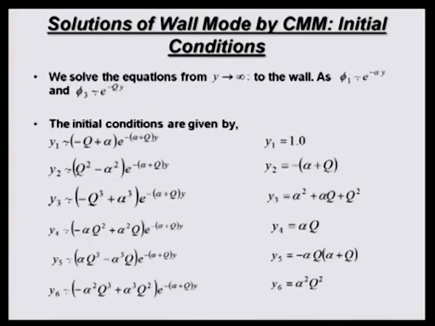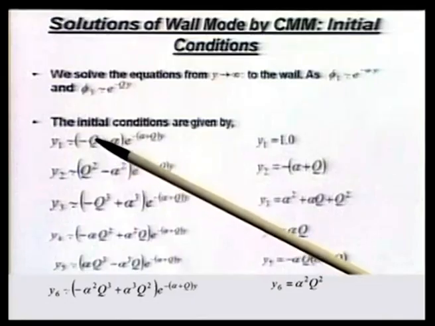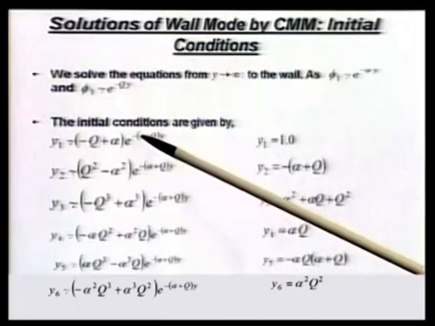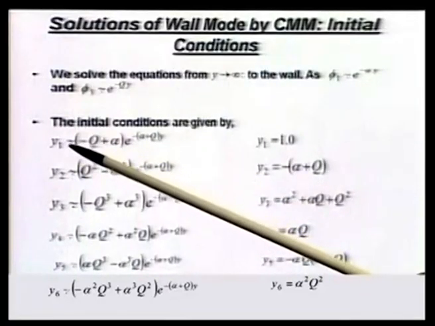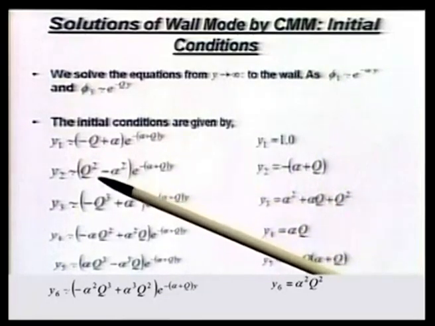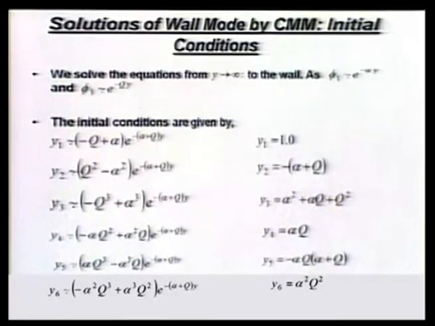However, you also notice that I could factor out alpha minus q from every one of these quantities times this, because this is the variation. So, I could normalize everything with respect to y 1, then y 1 would be equal to 1, right. Y 2 will be what? It will be just simply minus of alpha plus q. So, this is it.